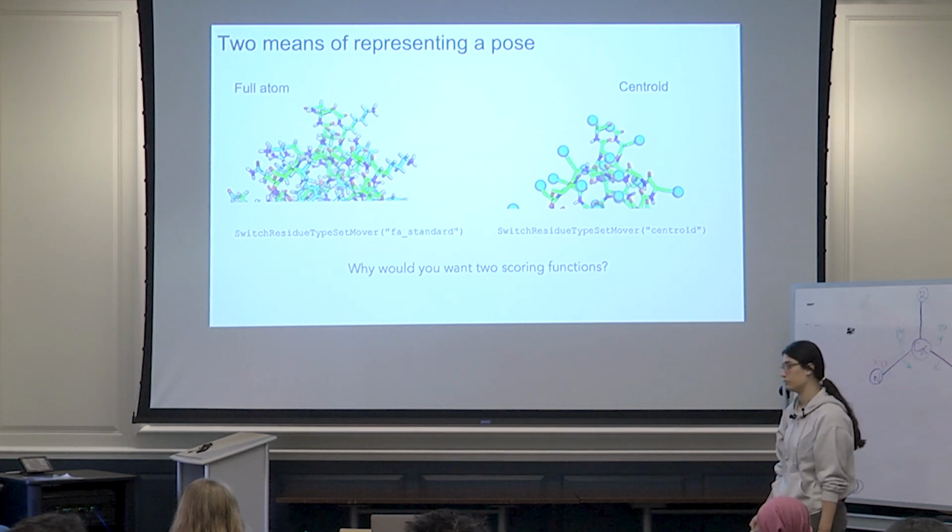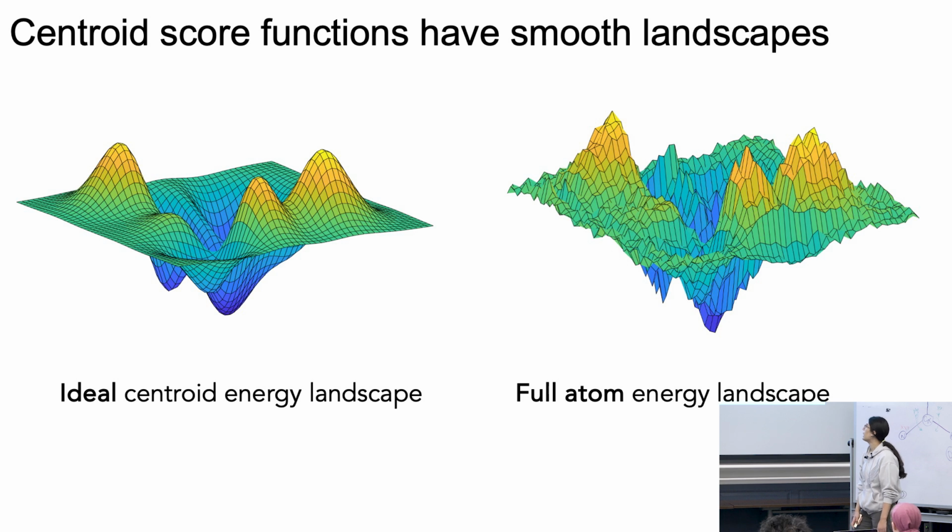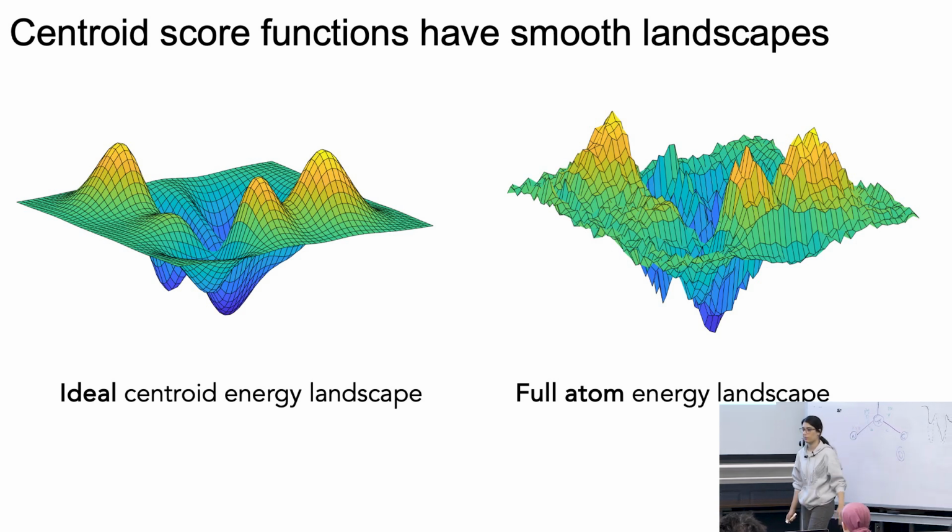So that sounds reasonable. And in terms of what energy landscapes look like, we can take a look at the centroid energy landscape and compare it to the full atom energy landscape. Obviously this is in 3D, but try to somewhat relate it to the other 2D energy landscapes that we've looked at throughout today and yesterday, possibly.